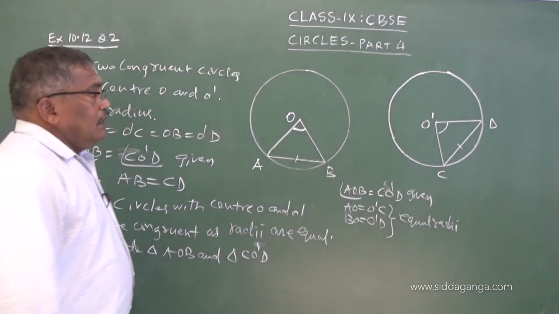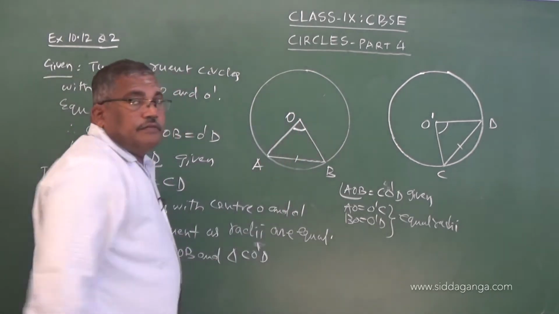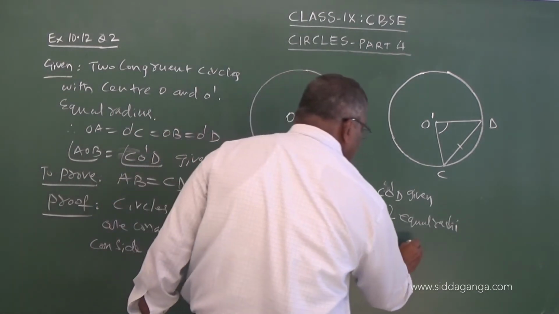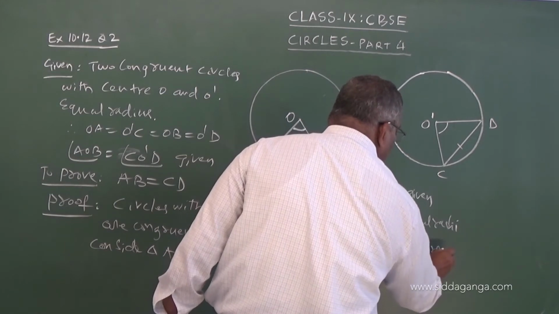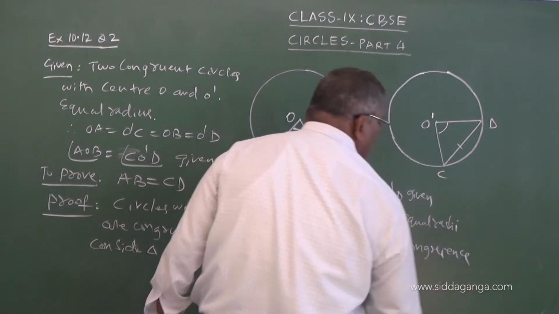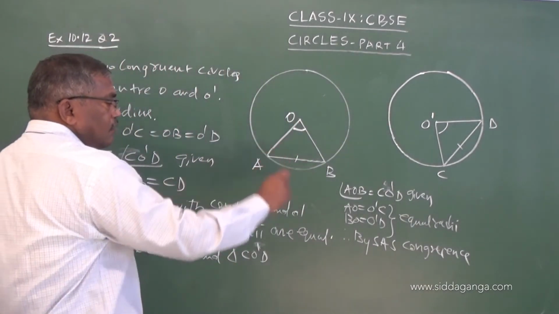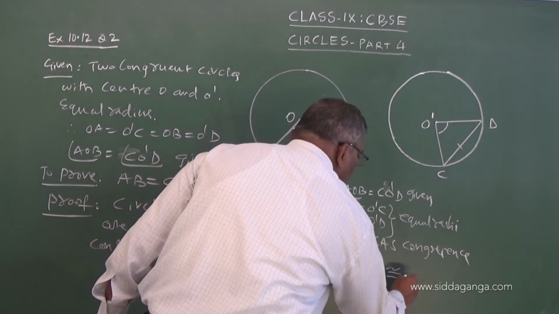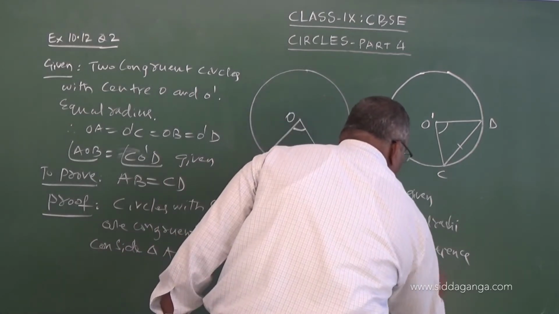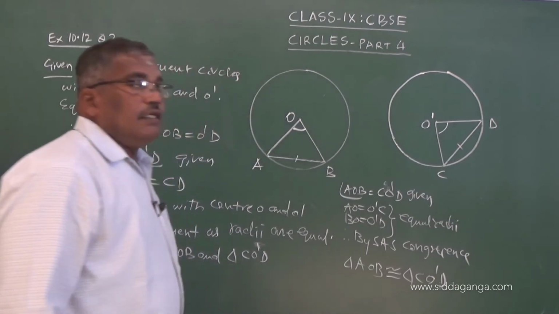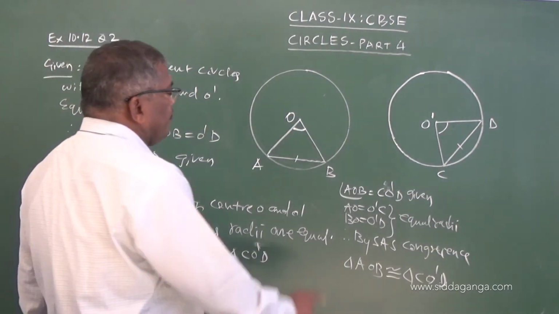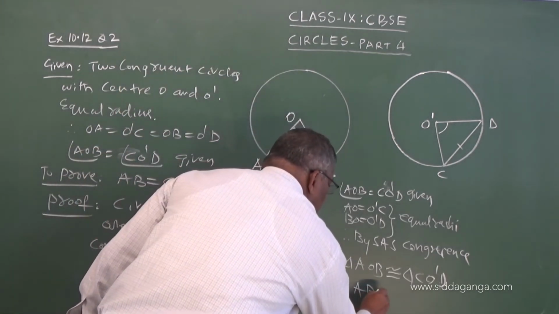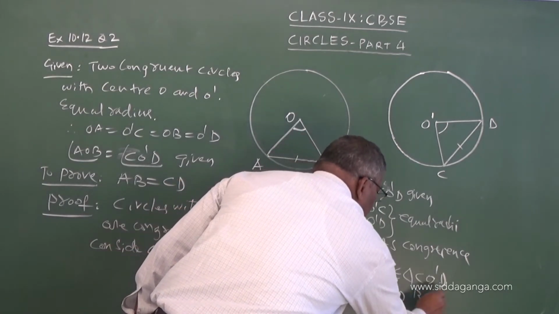So by side angle side congruence, these two triangles are congruent: triangle AOB is congruent to triangle CO dash D. Therefore AB equals CD by CPCT.